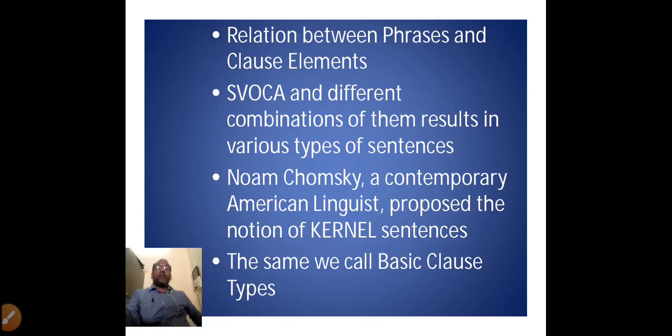The basic clause types are the different combinations of these clause elements SVOCA, which result in different types of sentences. An American linguist, Noam Chomsky, proposed the notion of kernel sentences, and the same are called basic clause types.